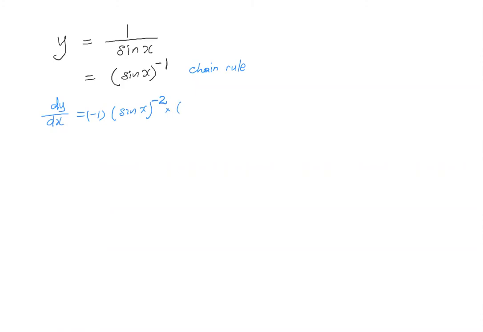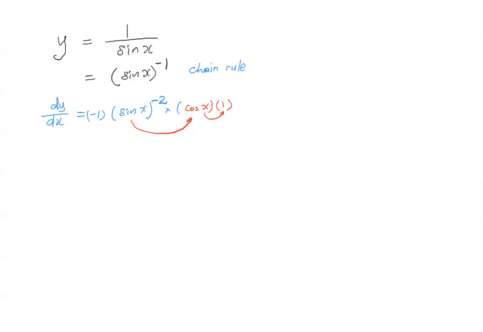Can someone tell me what is the derivative for sin x? Cos of x. Okay, I will write down cos x. Then I will add another one. I have to times 1. Do you know why? Derivative of x.